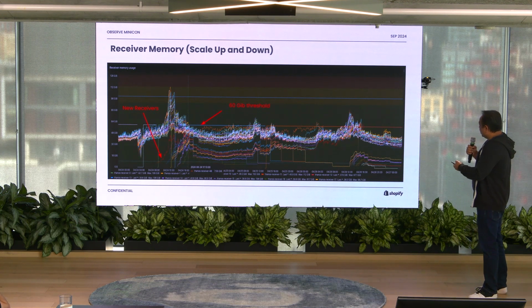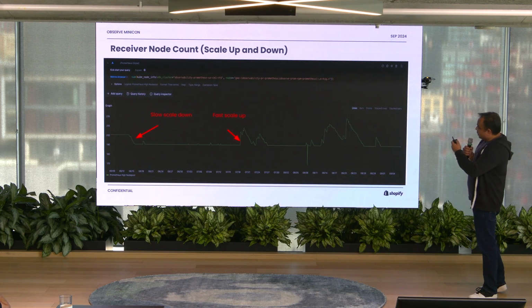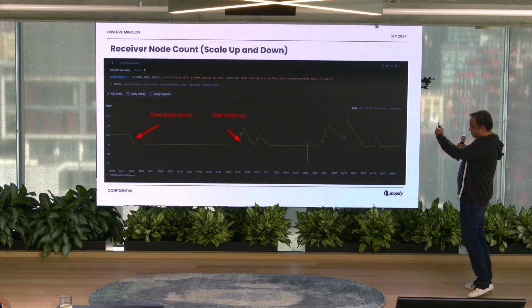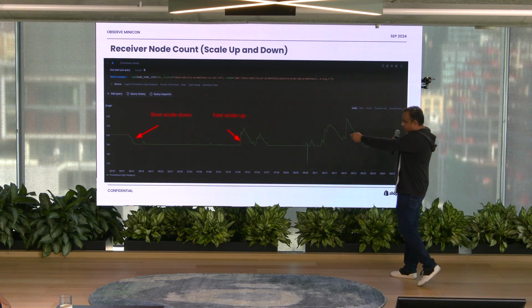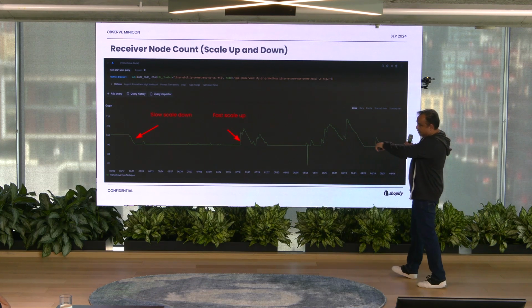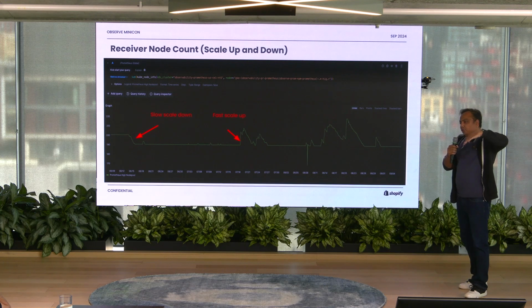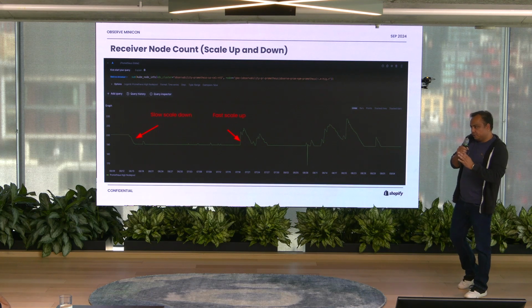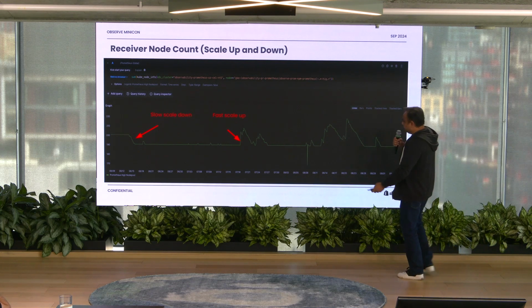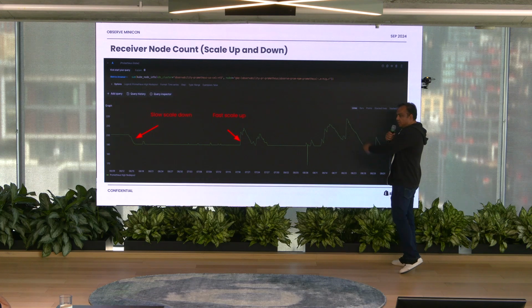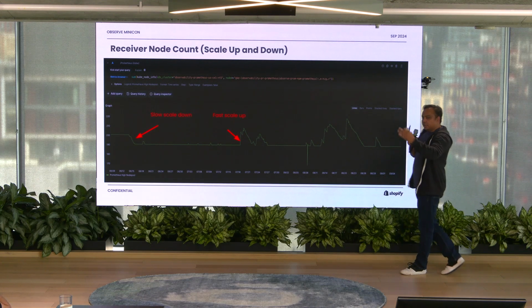There is another chart, the node count in that one region. There were 200 nodes, and you can see a staircase. We want to scale down slower but scale up faster. So you can see whenever we scale up it is a vertical line, because we add multiple receivers at the same time.